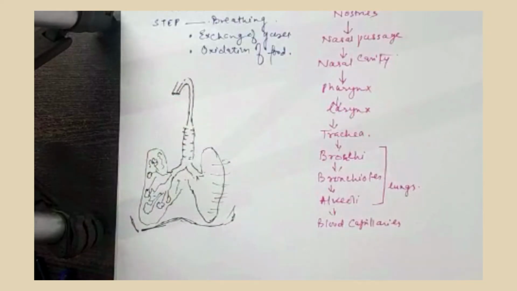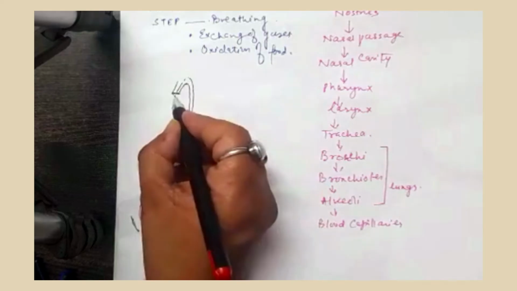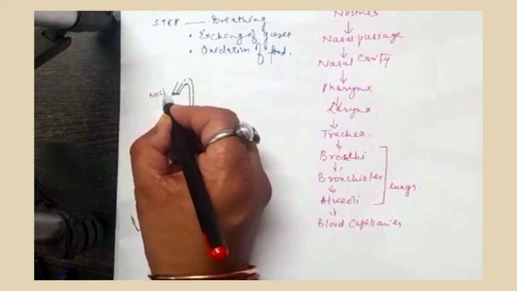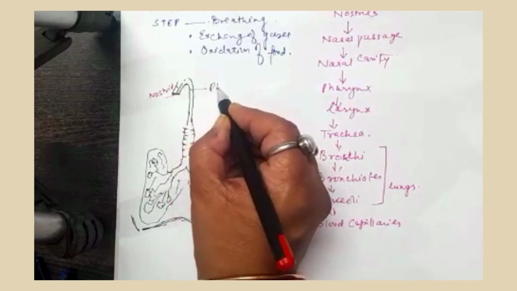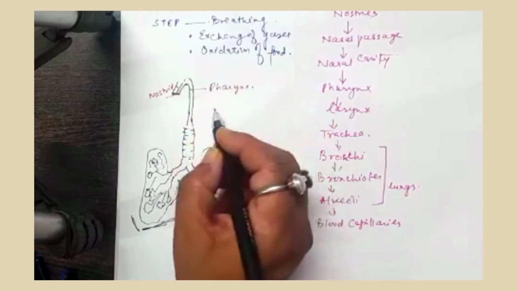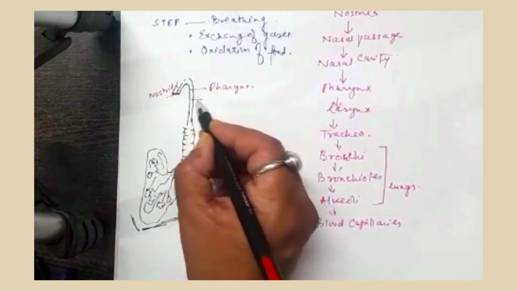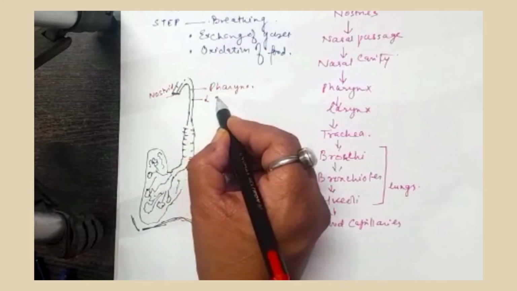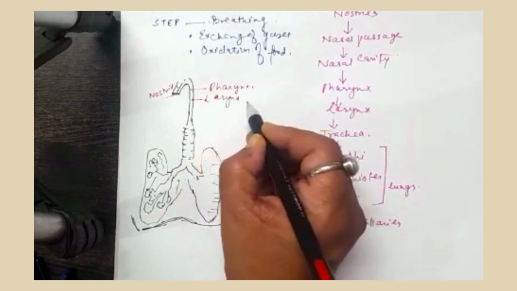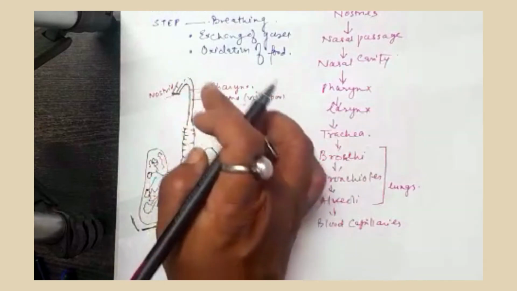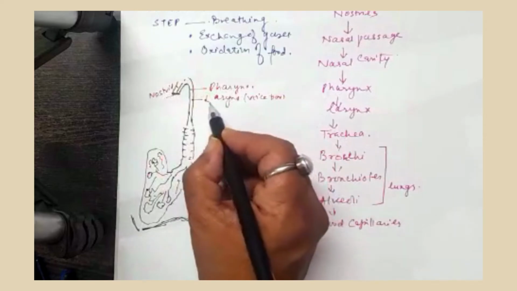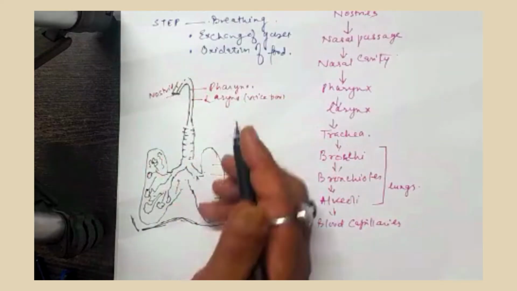Now let me tell you certain things about what exactly happens. So this is the nostril, right somewhere here is the pharynx, and this is the throat part, where the throat is, this is the larynx, and you can say the voice box is here, and because of the air pressure, sound is produced inside the voice box.